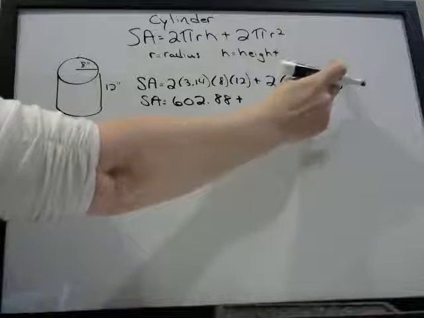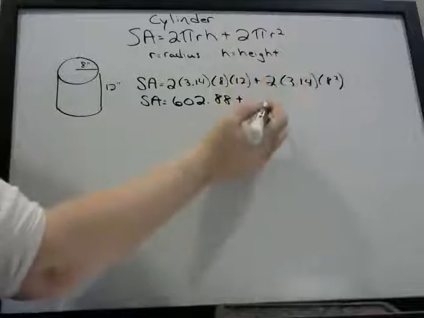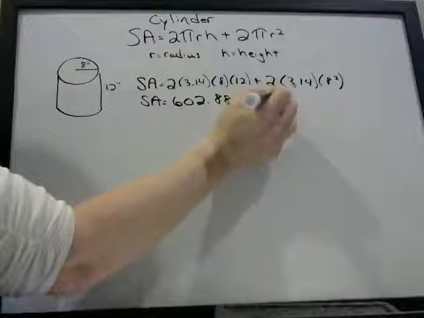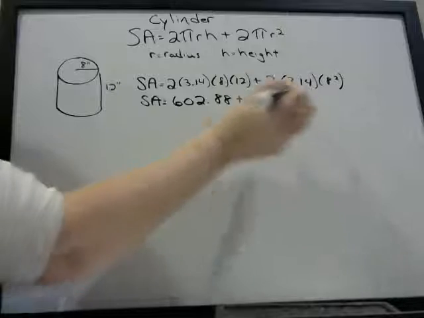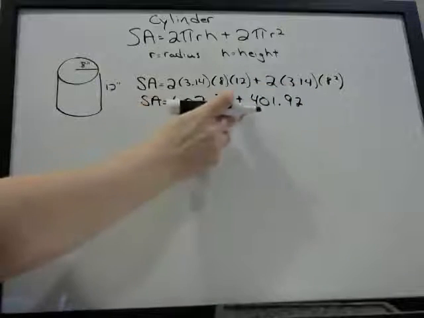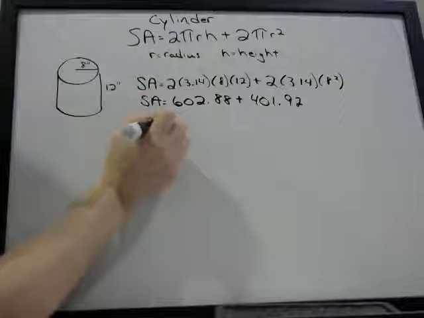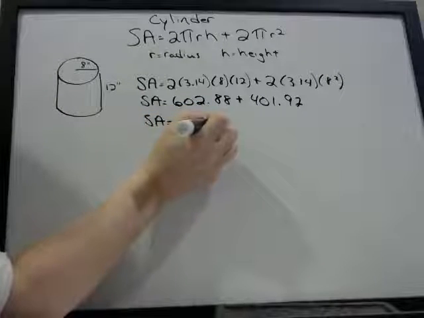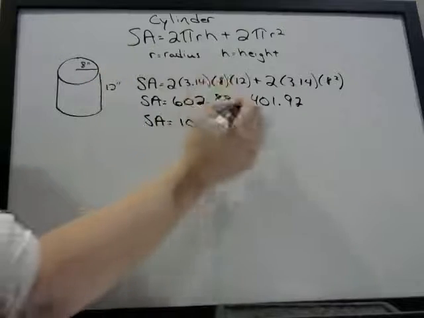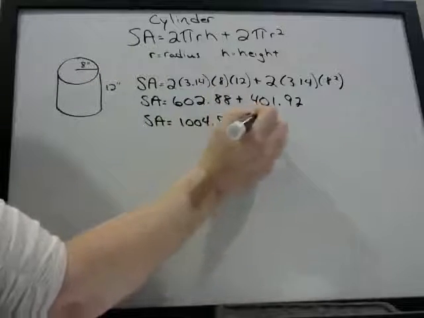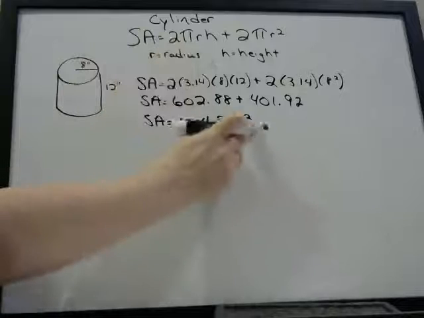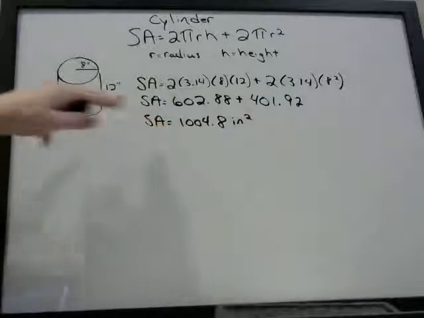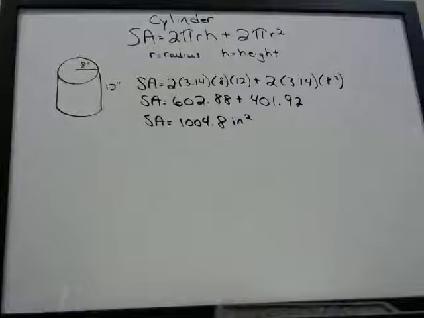So do 8 squared times 3.14 times 2, and you're going to get 401.92. Now we can do the addition. 1004.8 inches squared. Remember, this is an area problem. All area problems end in square units. So the surface area for this cylinder is 1004.8 inches square.